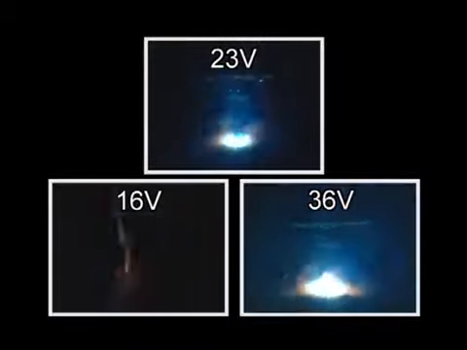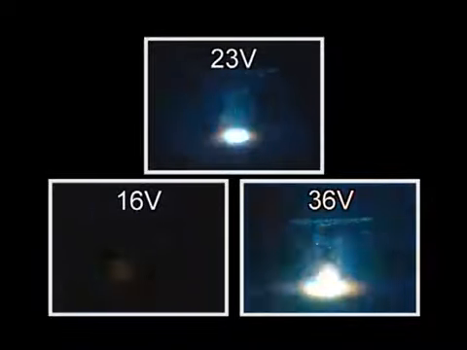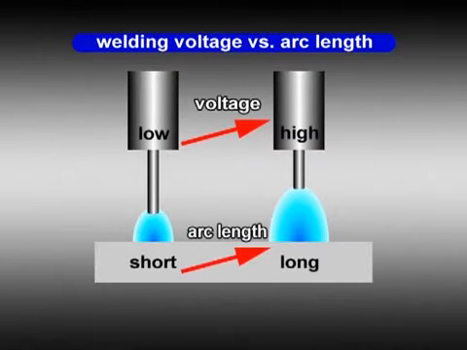This was done while keeping the welding amperage and travel speed constant. The arc length is proportional to the arc voltage. Lowering the arc voltage makes the arc length shorter and vice versa.